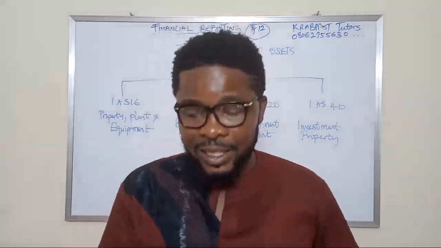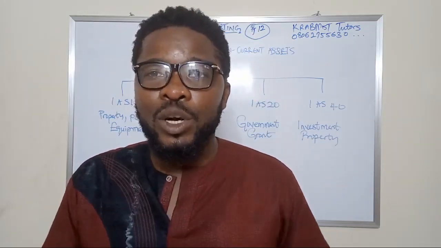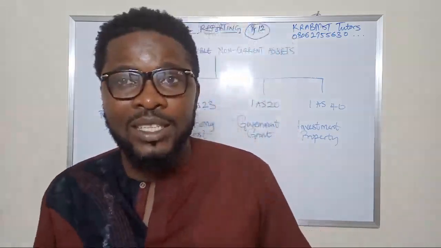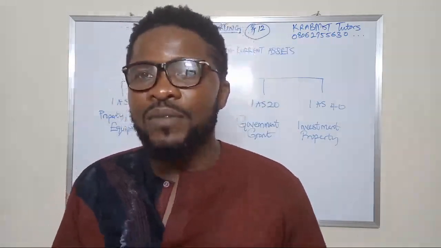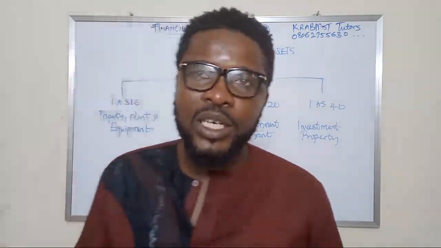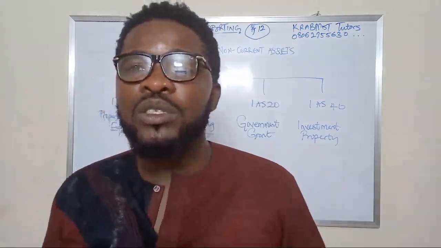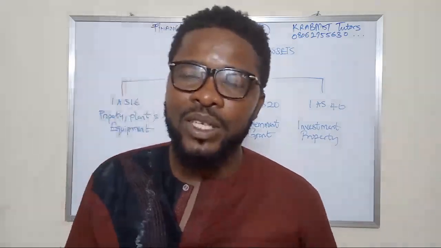Now we look at IAS 16, measurement at recognition. It is normally measured at cost, which is the purchase price and the directly attributable cost. For example, you have a big plant machine, a gas turbine which you bought from, let's say, the UK, and it has to be shipped down here.